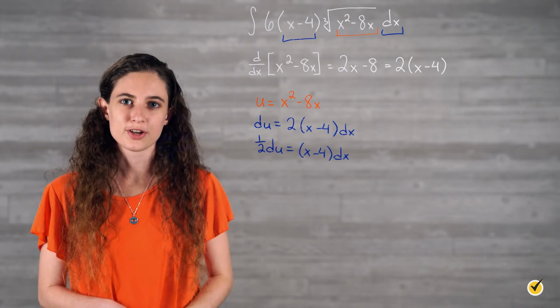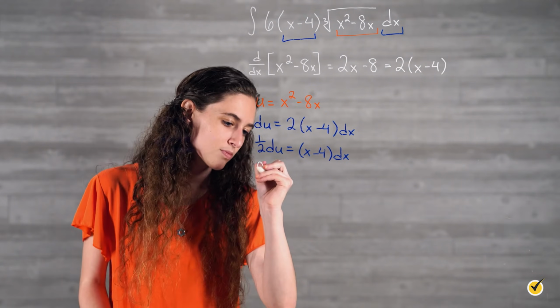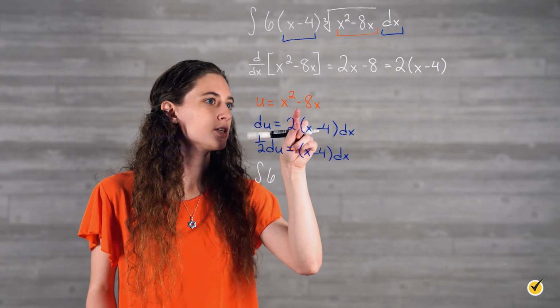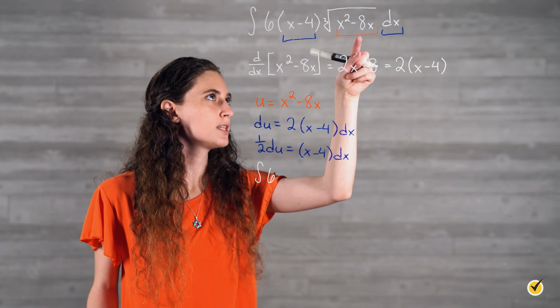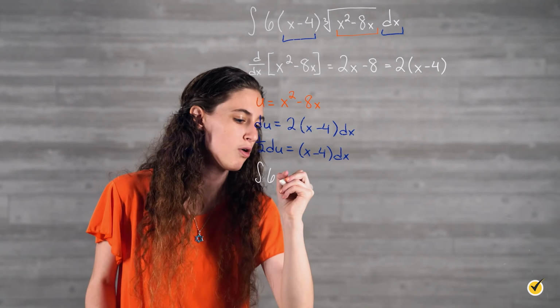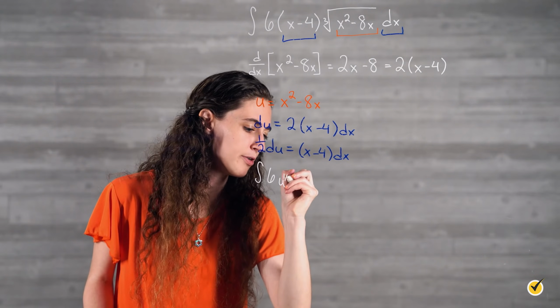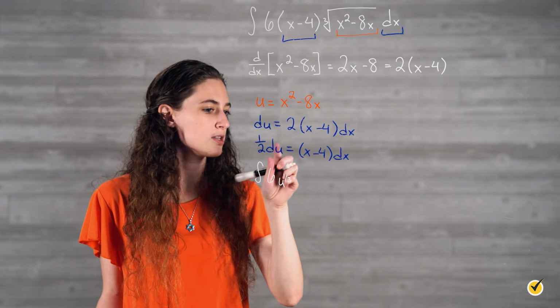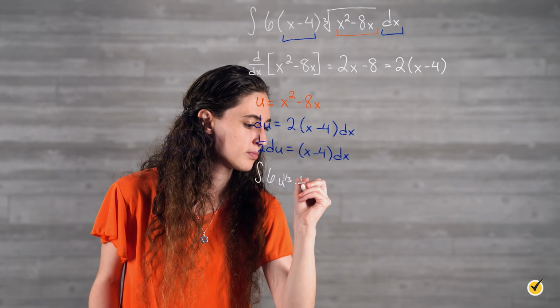Now let's substitute in our u's. The integral of 6 times u, where u is equal to x squared minus 8x, which is this part, cube rooted, or we can say to the 1/3 power, it means the same thing, times our blue part right here, which we said is 1/2 du.